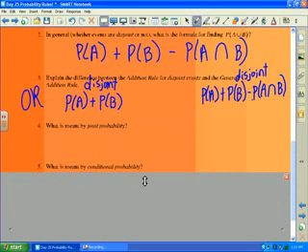Okay, for disjoint, we know that the probability of A plus the probability of B is fine because there's no overlap. There's no overlap if they are disjoint. Okay? So here's the general addition formula, but what if they are disjoint? What does this portion right here, the probability of A and B, actually equal? If they're overlapping, that portion is actually what?